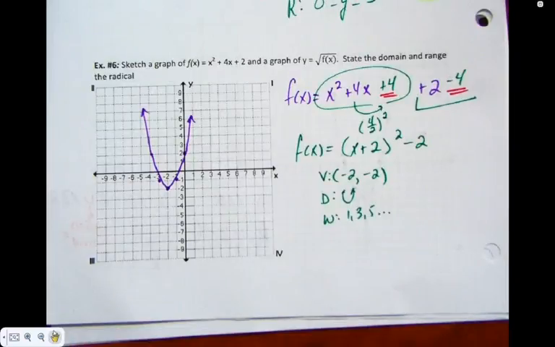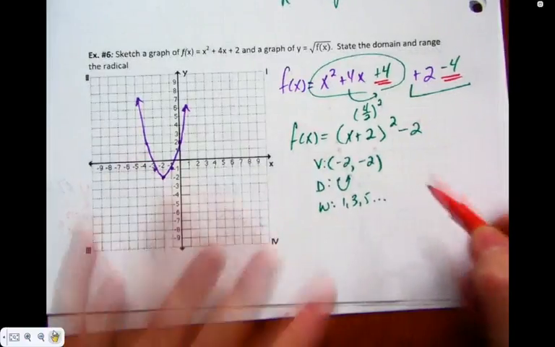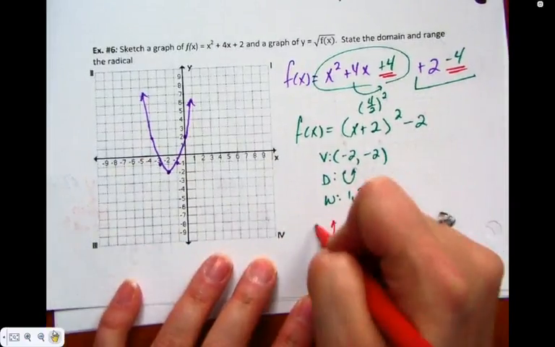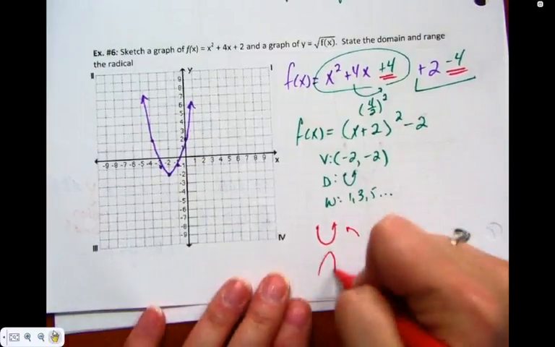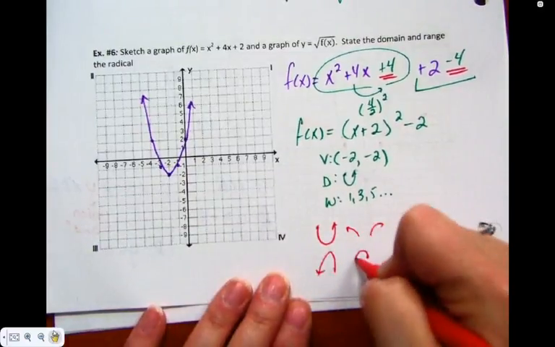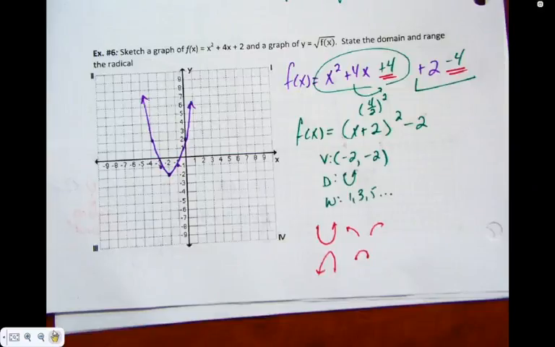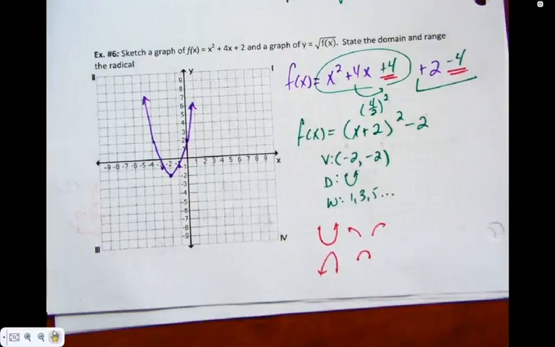Is it going to be a double swoop or is it going to be the hill? How do you know? Up. So I'm just going to write for visual people. If it's an up parabola, you get the double swoop. If it's a down parabola, you get the little hill. That now kind of looks like an angry face.